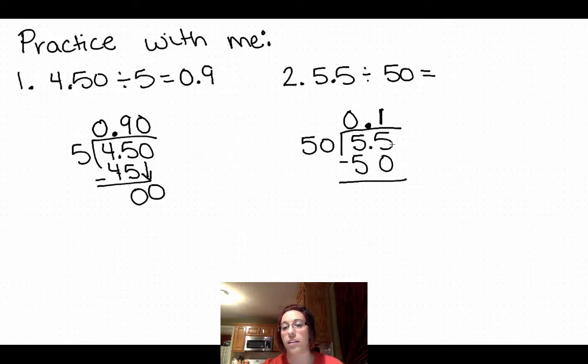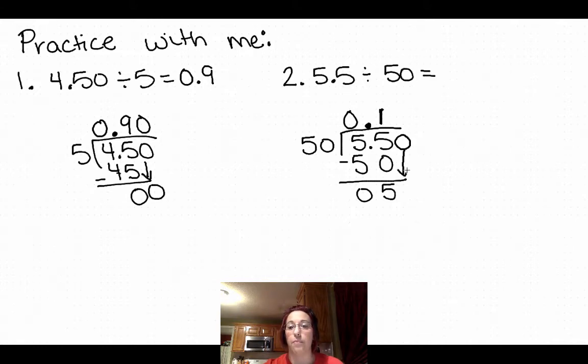Subtract: 5, 0. Now we're stuck because remember in the strategies I told you no more remainders. So at this point we go ahead and annex a 0 here so that we can keep dividing.